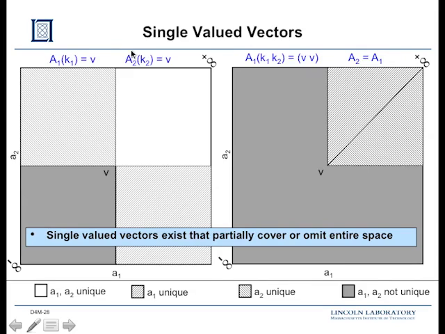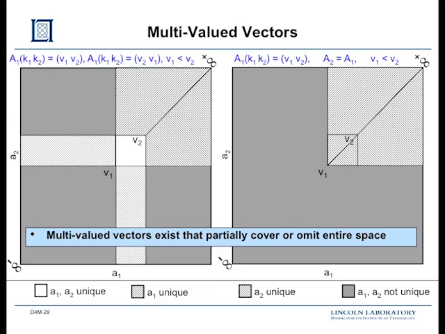If you give yourself actual values here, this shows you what that looks like. There's places where it's unique, places where they're the same, and places where one of them is unique but the other is not. So there's a very rich set of things you can construct using associative arrays as basis vectors. And the same thing goes with multi-valued vectors.